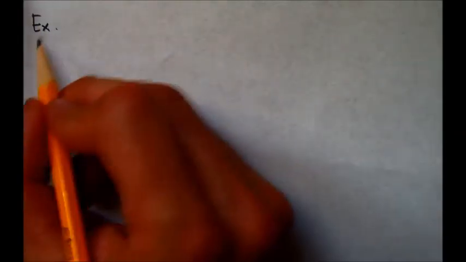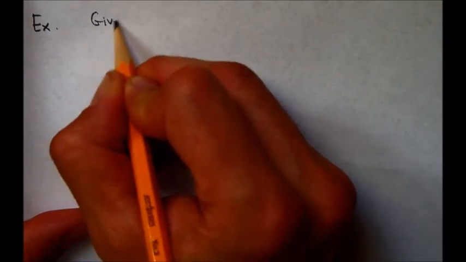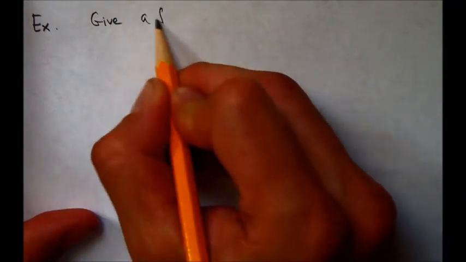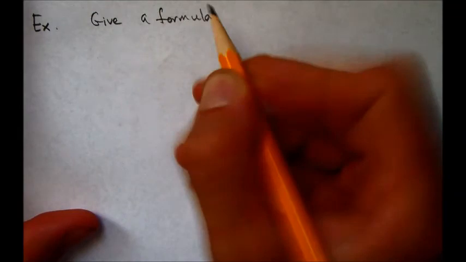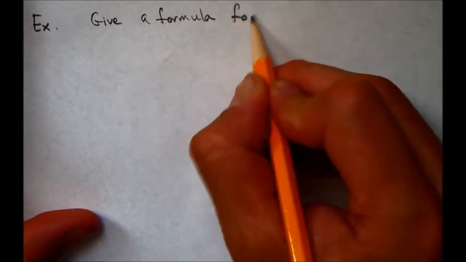Okay, so the example for this that I'm going to use is the following one. Okay, this is not the one the book does. You can look at that one if you need another example of what to do. Okay, this one is to give a formula for the extended function.